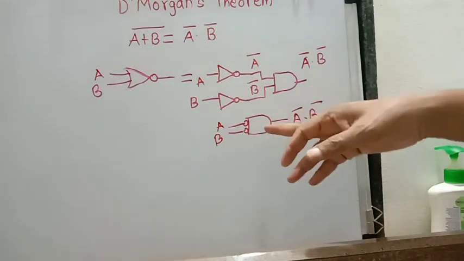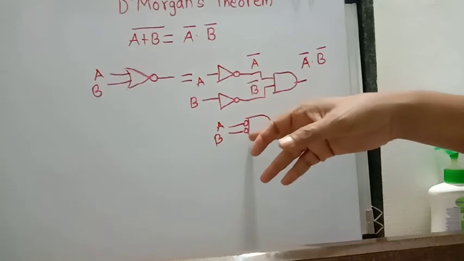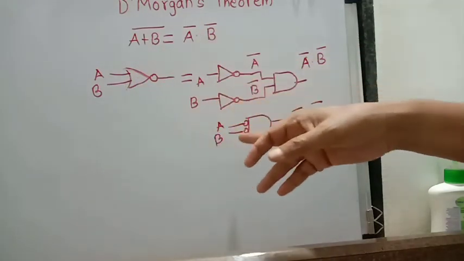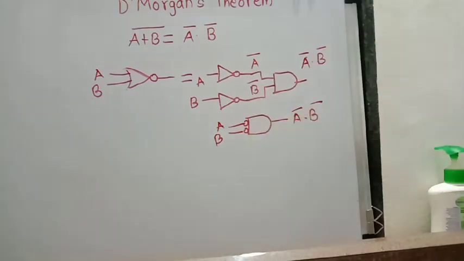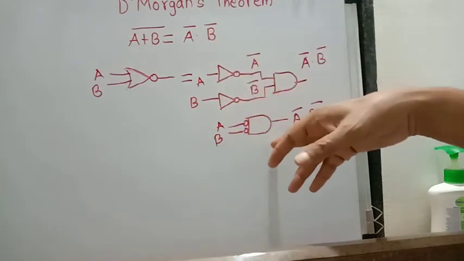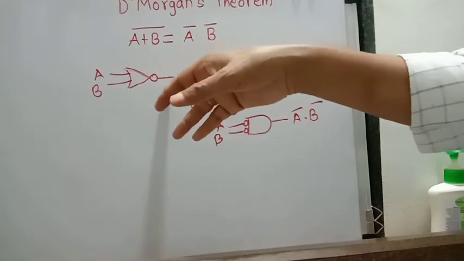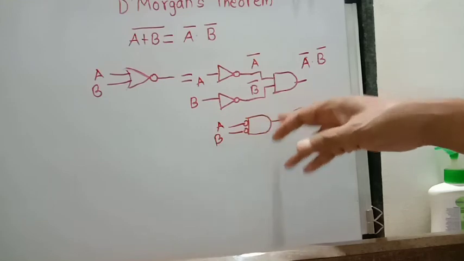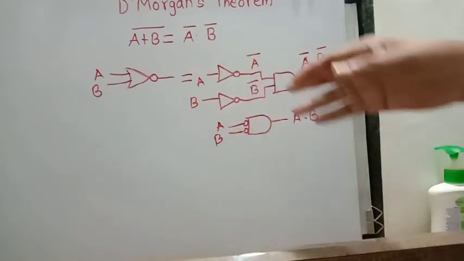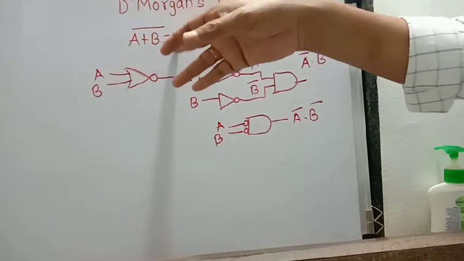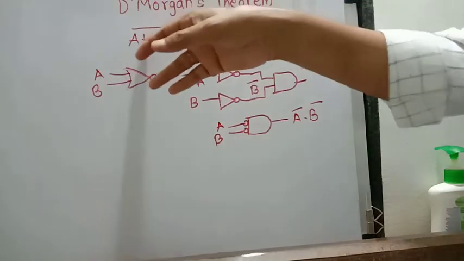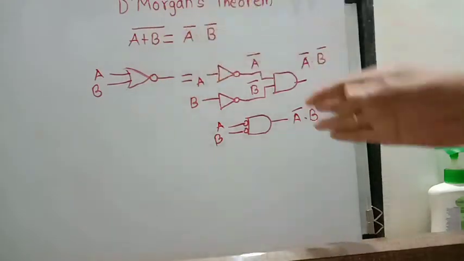This is called a bubbled AND gate. So a NOR gate is equivalent to a bubbled AND gate. The theorem can also be stated like this: a NOR gate is equivalent to a bubbled AND gate, or complement of sum is equal to product of complements.